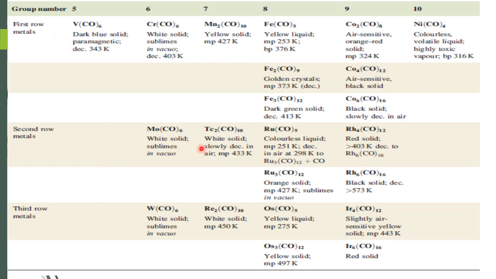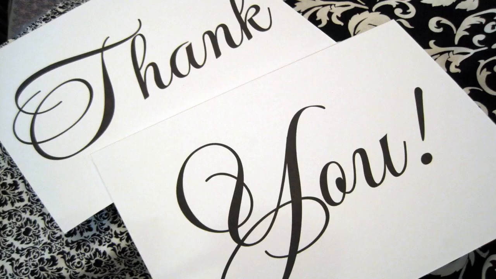Second row metal centers are molybdenum, technetium, ruthenium, rhodium complexes, and the third row is tungsten, rhenium, osmium, iridium. So these are the familiar metal carbonyls, existing as mononuclear, binuclear, or polynuclear forms. Okay, thank you.